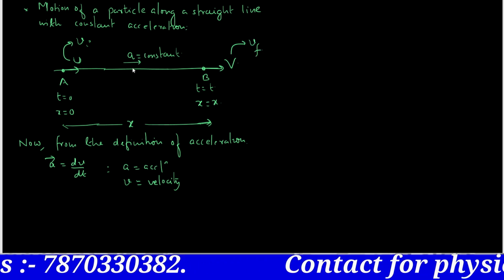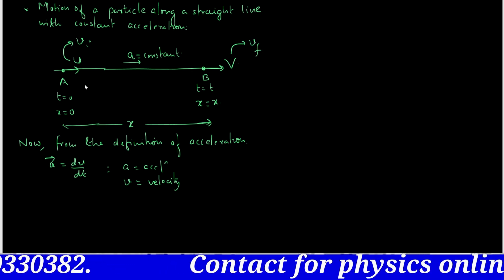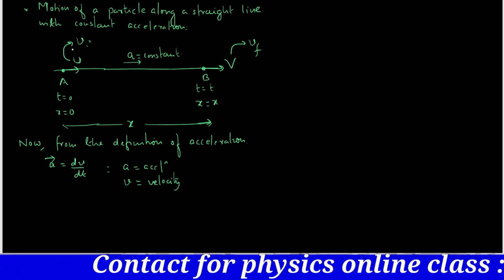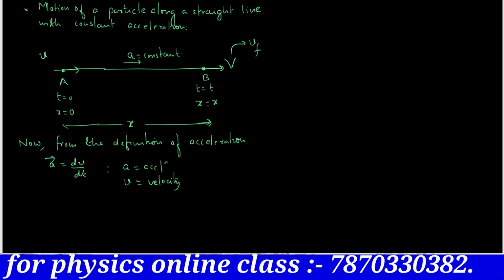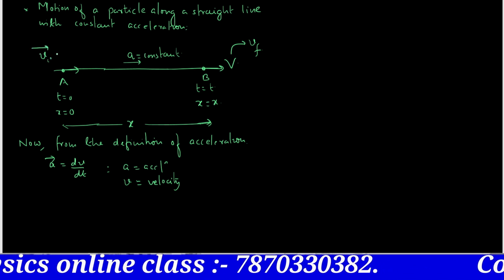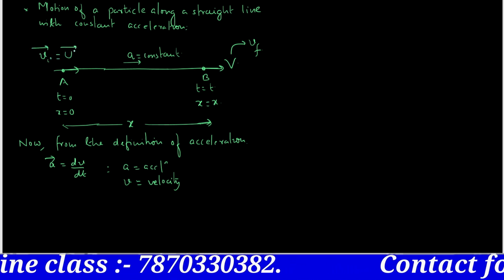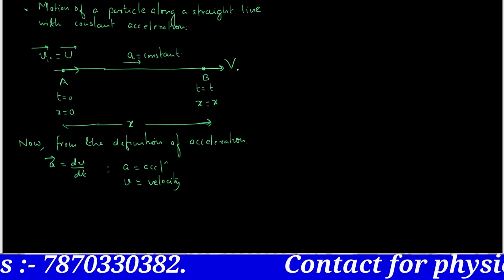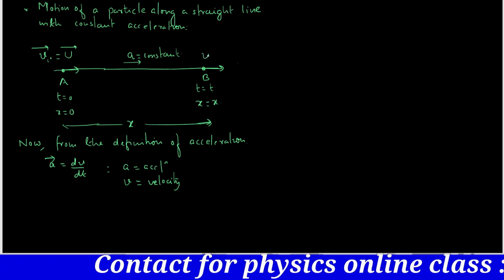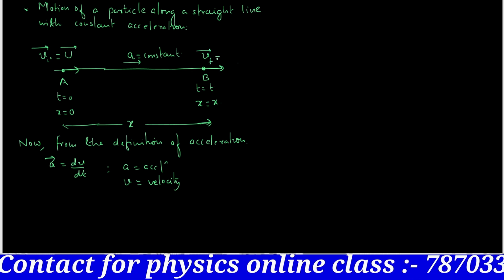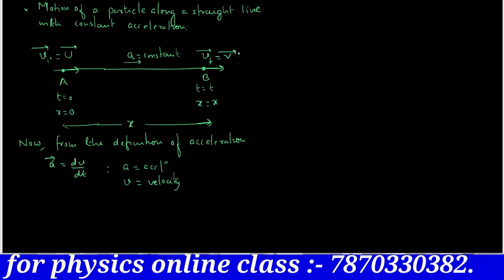Do you mean initial speed and final speed, or initial velocity and final velocity? I have initial velocity v initial equals u, and here v final becomes v, right?